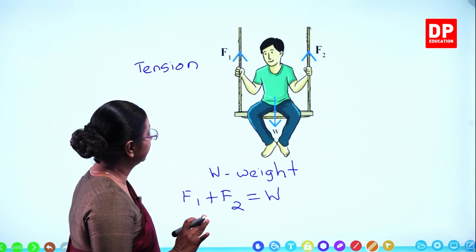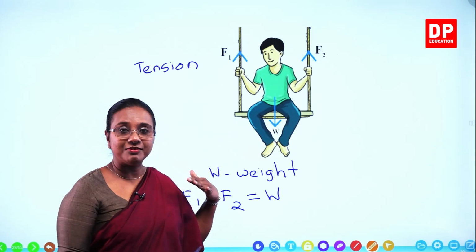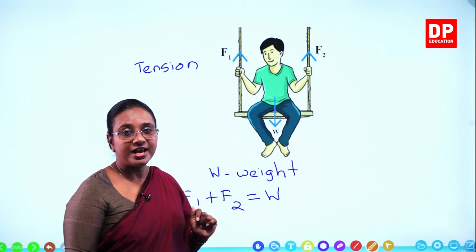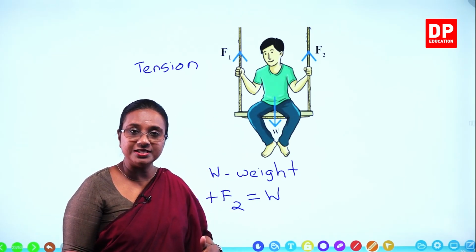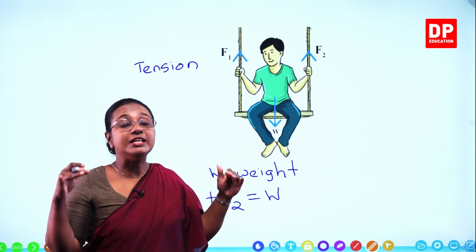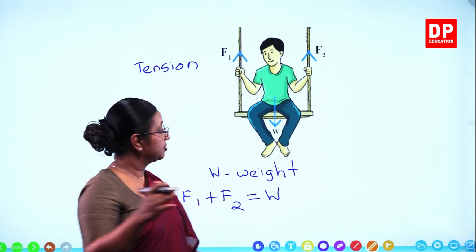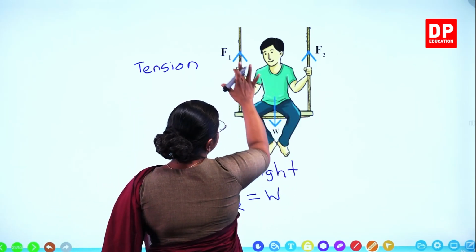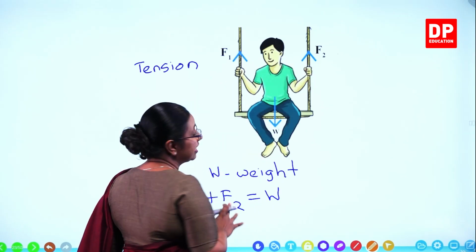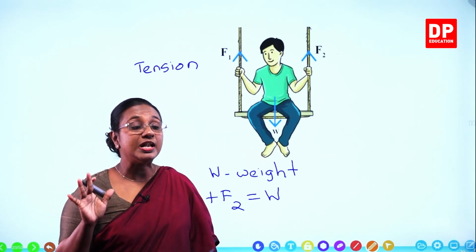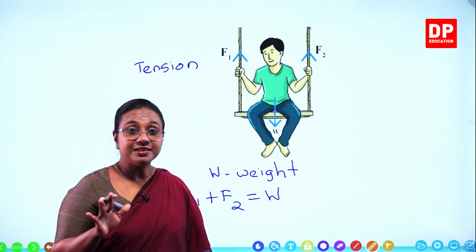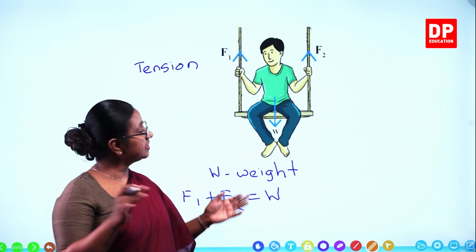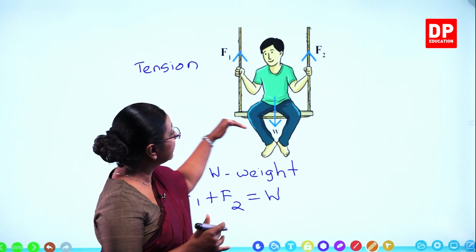And normally, students, the plank of wood will have a weight and the child also has a weight. Both of them act downwards. And when the plank of wood is horizontal, the two tensions F1 and F2 will usually be equal. Otherwise, you would have seen in some instances, the plank will be at an angle.